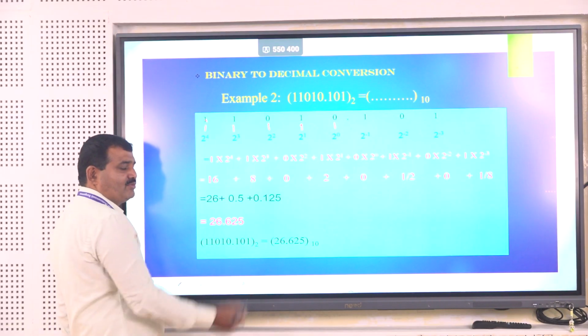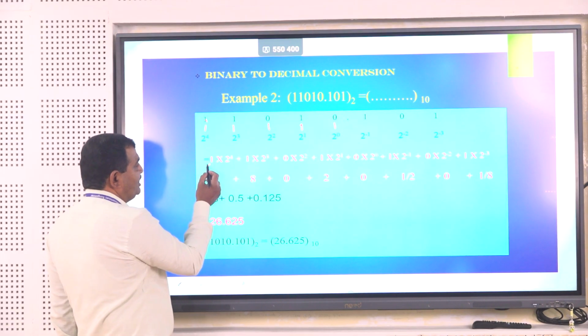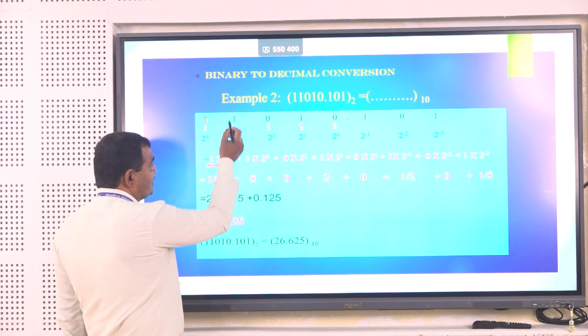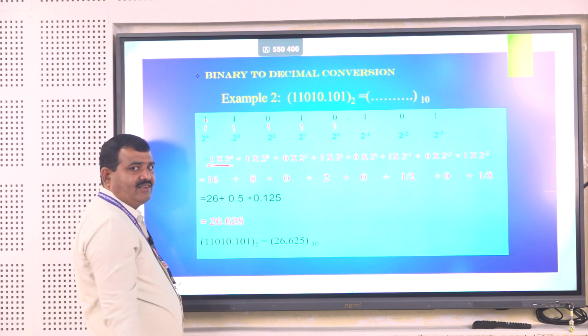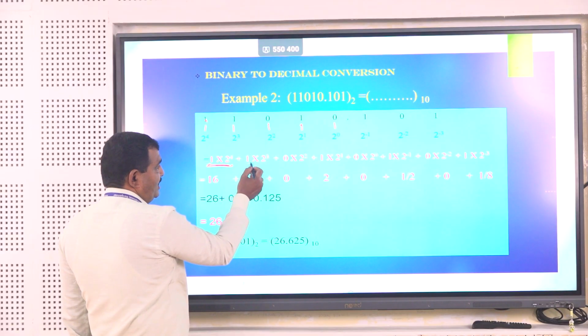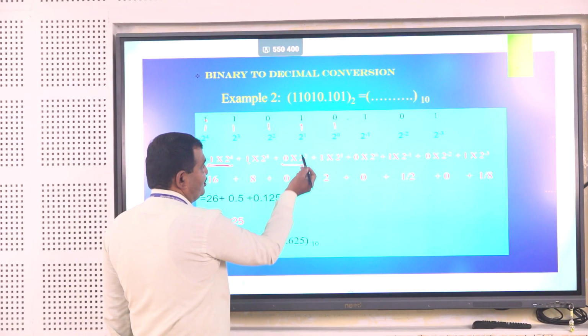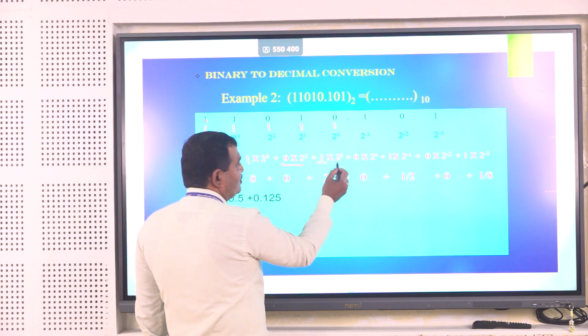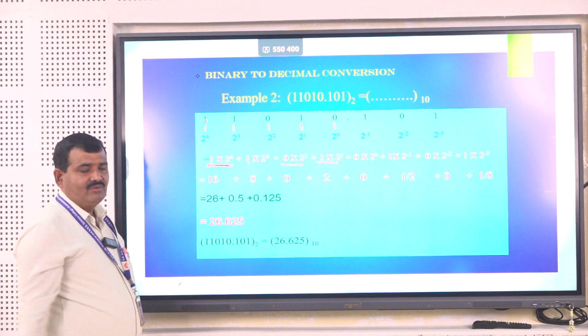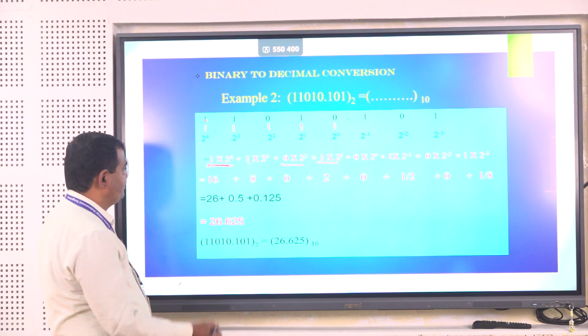So, we write weight of sum equation as 1 into 2 raised to 4, that is digit into positional value plus next digit into positional value up to last digit. So, 1 into 2 raised to 3 plus 0 into 2 raised to 2 plus 1 into 2 raised to 1 up to 1 into 2 raised to minus 3.